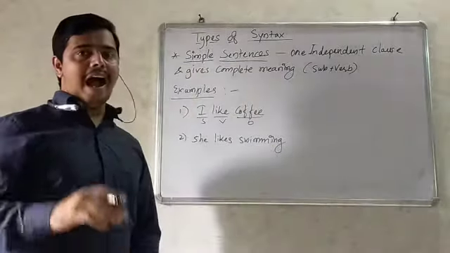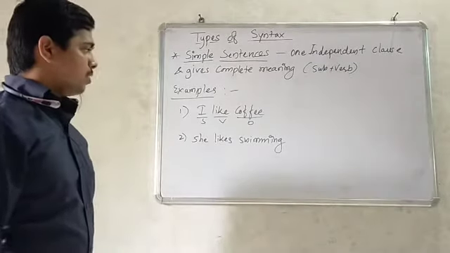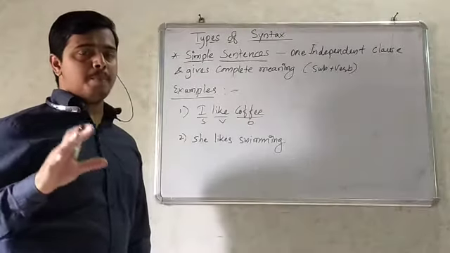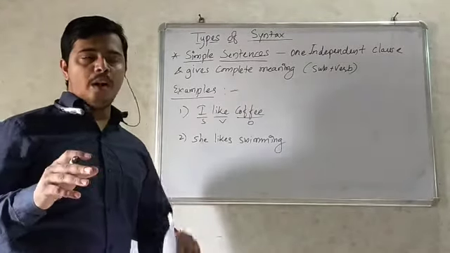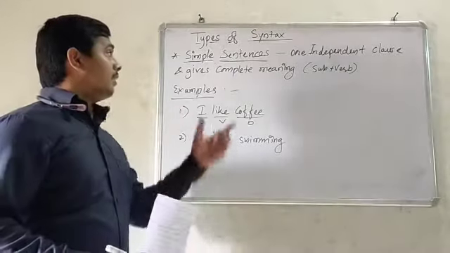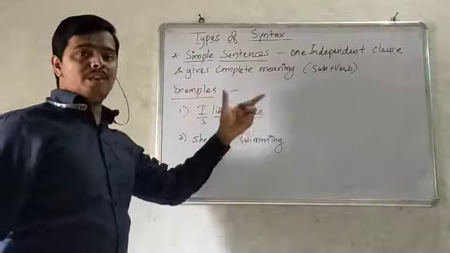Or, I read books. These are some examples of simple sentences. Now let us see the next type of syntax, that is compound sentences.